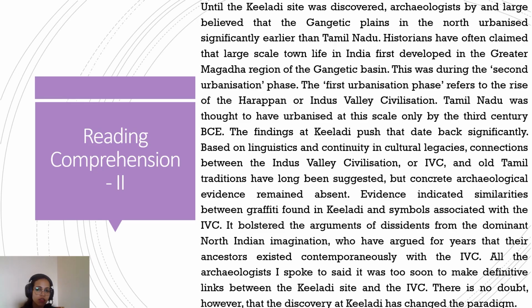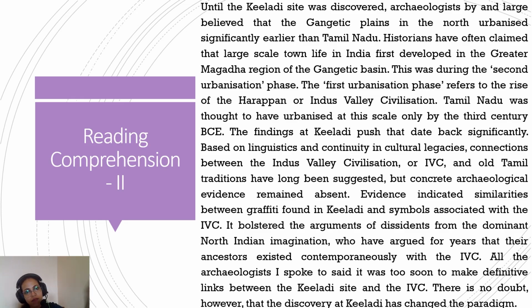This was during the second urbanization phase. The first urbanization phase refers to the rise of the Harappan or Indus Valley civilization. So the urbanization in the Magadh region was the second phase, and the first phase, even before that, was the Indus Valley civilization.